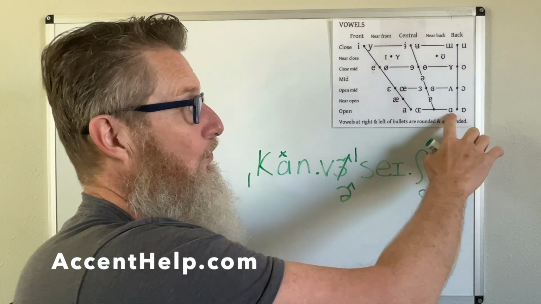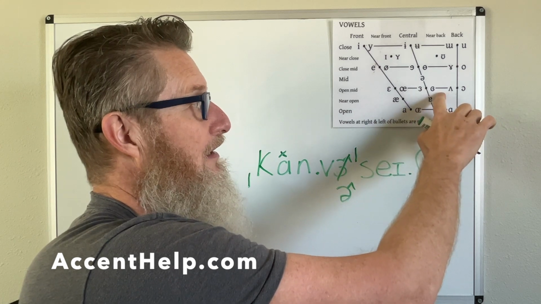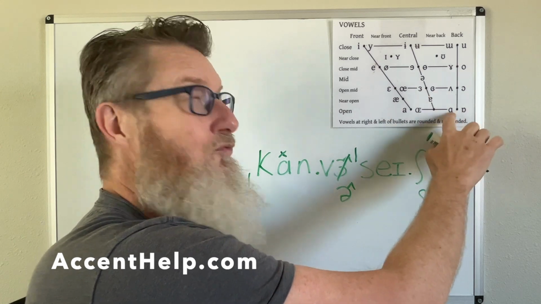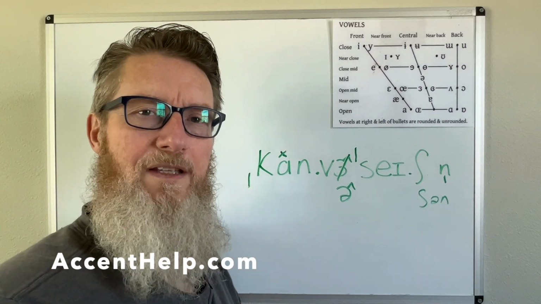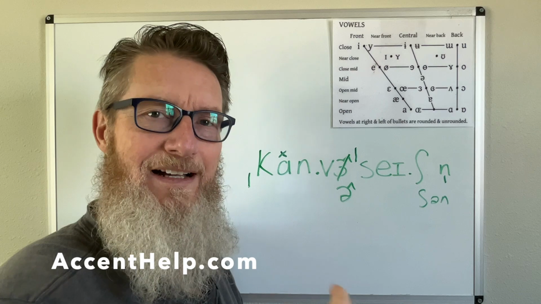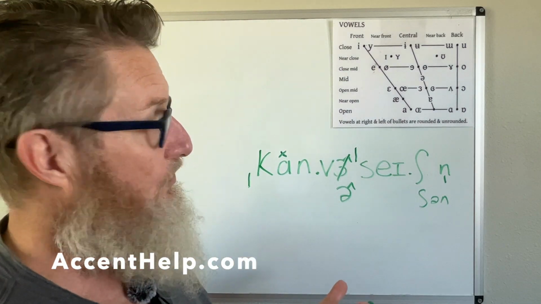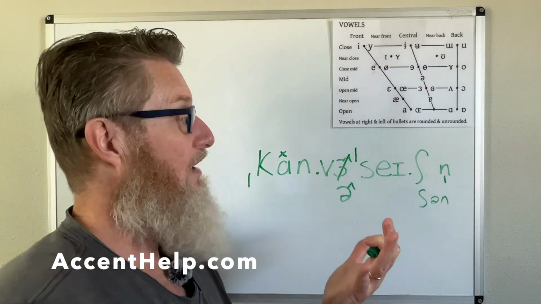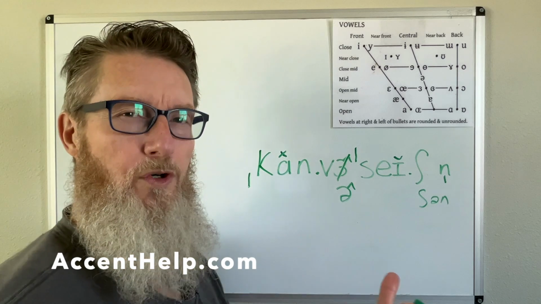So rather than all the way to a full con, it's kind of recognizable as that, but it's reduced in a way that it's not ka, right? So that is roughly how I would transcribe the way that this is oftentimes said, recognizing the second half of a diphthong is almost always shorter.